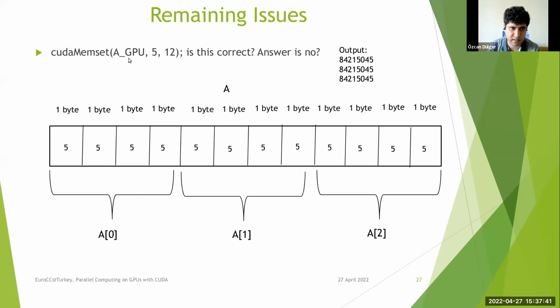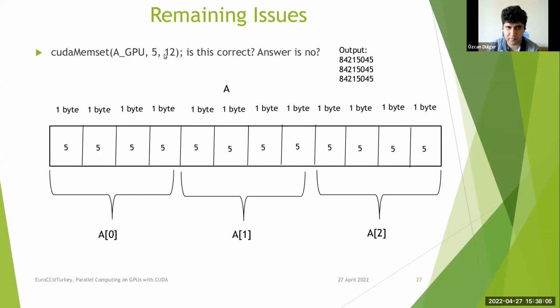Here, cudaMemset on a GPU, the given value is 5 and the number of bytes is 12. So is this correct? Can we set the elements of A to 5 with this command? No, this is not correct.